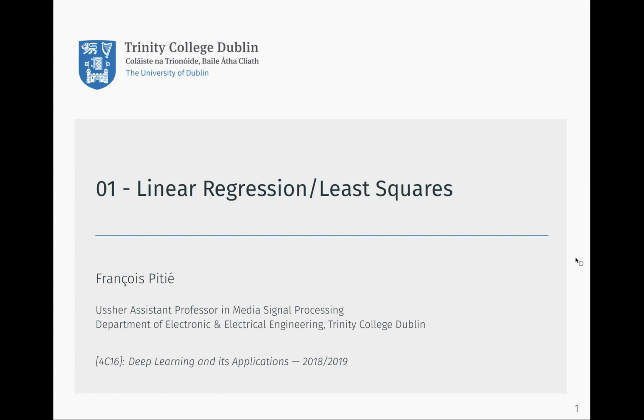It's only when we started to have a lot of data that people started to realize that deep learning was that interesting. But when the scale of your problem is small enough, you should look first at least squares, because least squares can get you a very long way and much quicker than deep learning would for you.